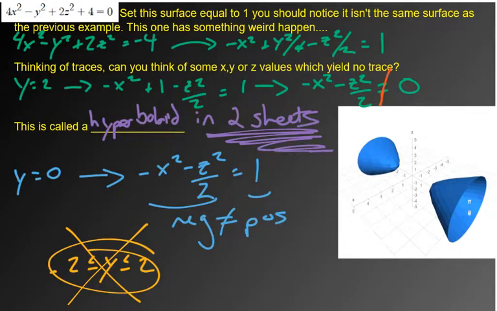If anyone wants to find out why we call it 2 sheets, please let me know, because I don't know. But basically, if you think about the equation, when you get 2 negatives, you can get some weird things like this that just don't make sense. And so you end up with a chunk where there's no output. And that's like the 2 sheets because it's in 2 different parts like that.